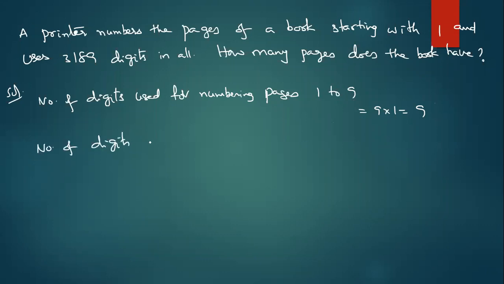Number of digits used for numbering pages 10 to 99. In this case, how many digits are we using? 10 to 99 means 90 pages. Each page has 2 digits.